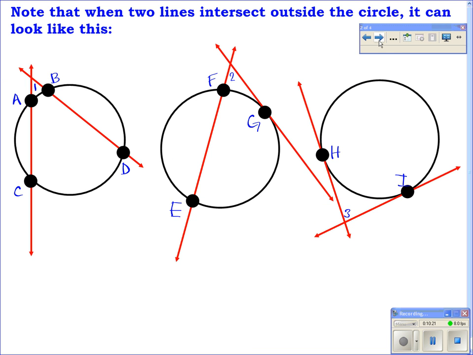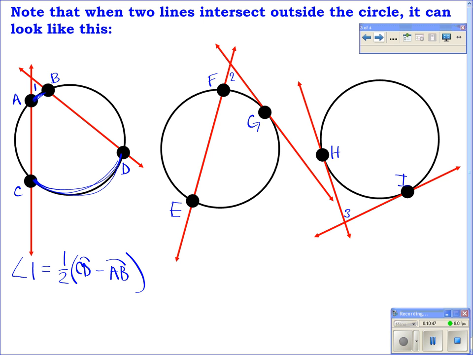Okay, so let's figure out what 2 arcs we're looking at. Angle 1 is equal to 1/2. We're going to subtract 2 arcs. What 2 arcs are we going to subtract? What does it open up to? CD minus AB. Because notice that here's one of the arcs that it opens up to, there's another arc that it opens up to.